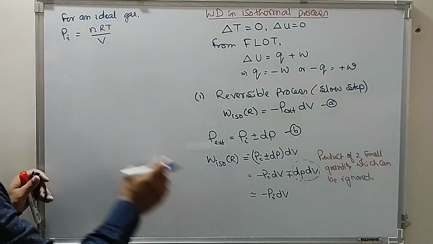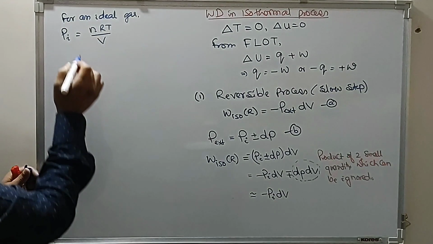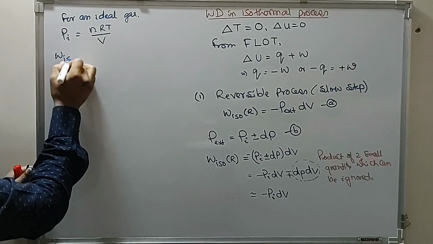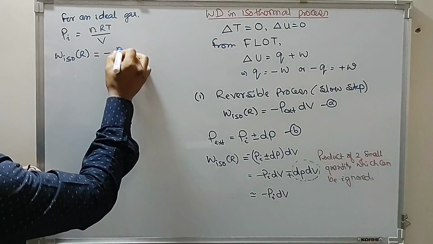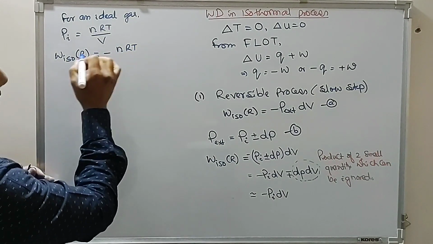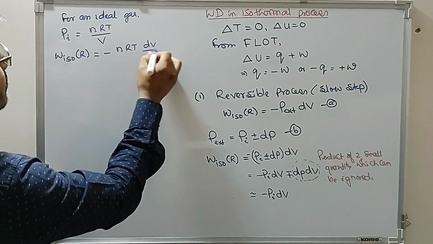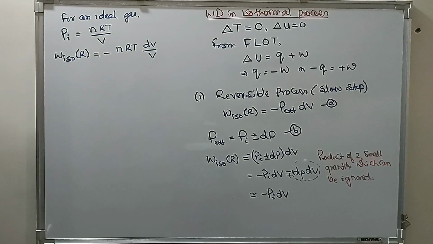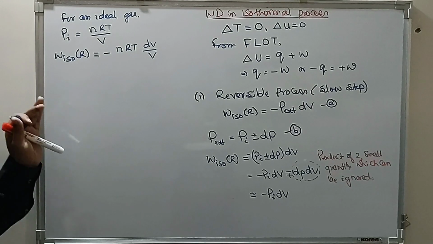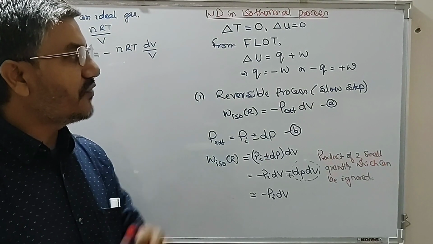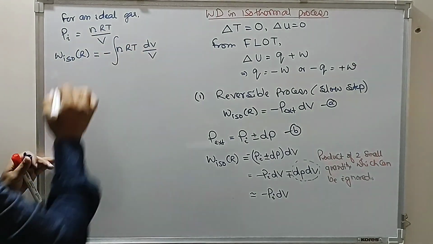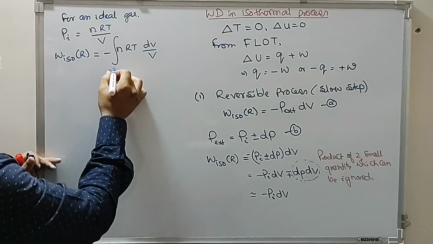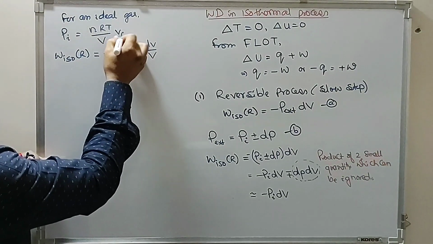So replacing the value of Pi in this equation, we get work done isothermal reversible is equal to minus nRT dV by V. Now, since reversible process means the process which is taking place in infinite numbers of states, the net work done should be the integration of this value from Vi to V final.